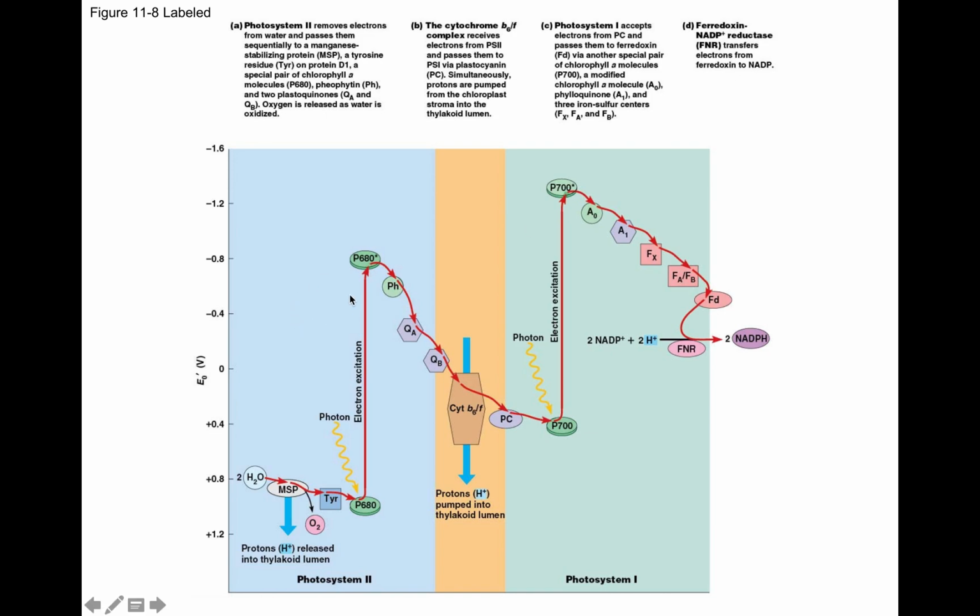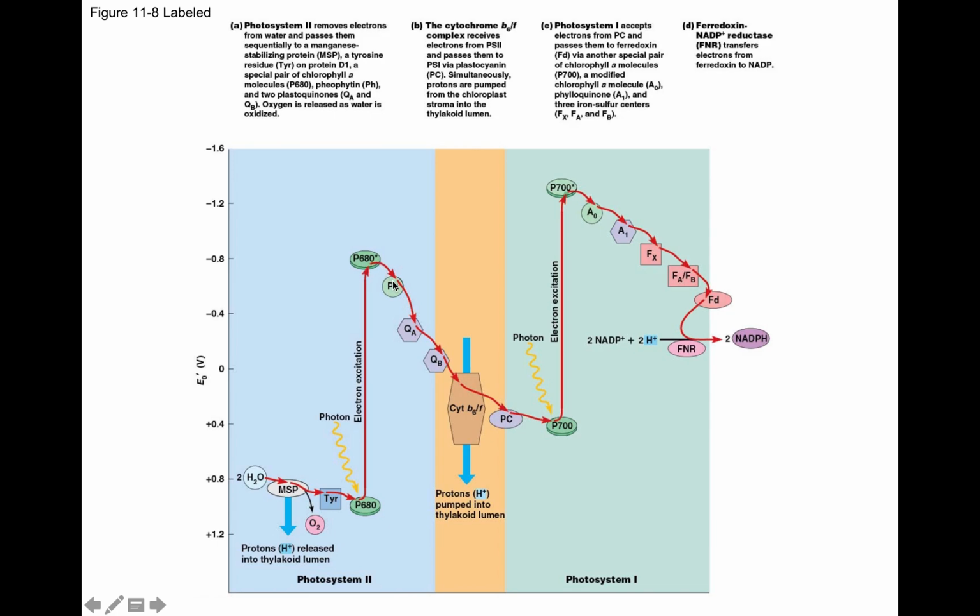And this is an electron transport chain very similar to what you saw in mitochondria, in stage 4, where you're passing off electrons, and you're going to see the same result of passing off those electrons, in that you're going to use the energy that these electrons are losing to move protons.